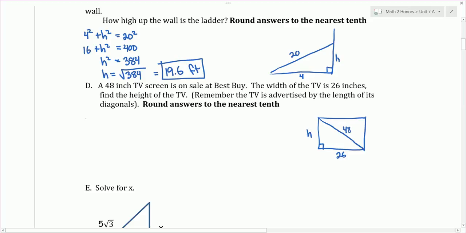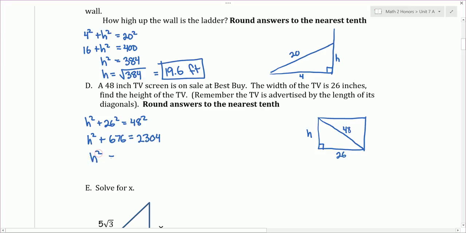Use Pythagorean Theorem again. h squared plus 26 squared is equal to 48 squared. 26 squared is 676. 48 squared is 2,304.